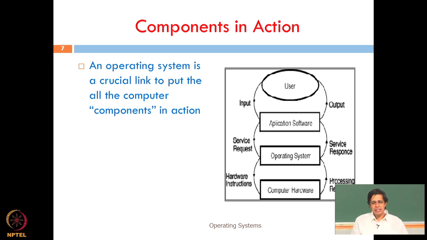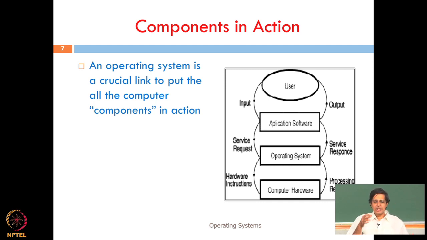As a user you drive an input to an application software. For example, you give a C program and you compile it, and when the program executes, it requests some service from the operating system. For example, malloc, please give me some memory, or printf on the screen. Now, the operating system will take this service request and needs to get it executed on your hardware.